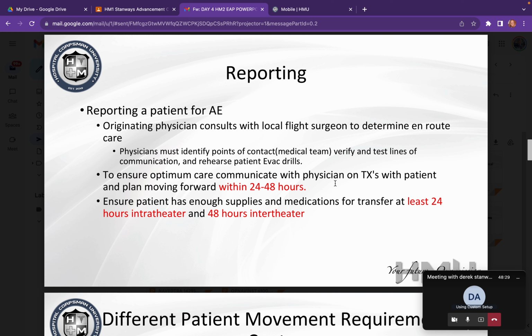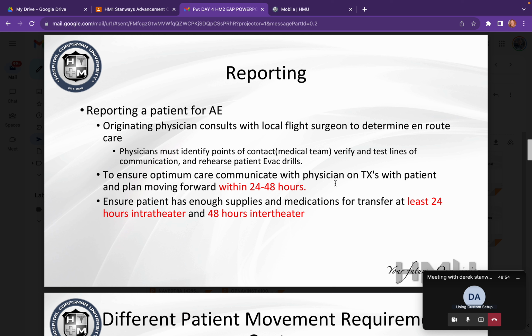Does everyone know the difference between inter and intra? So intra-theater means within that AOR. Right, so within the AFRICOM AOR, let's say you've been stabilized down in Somalia and you're going to CLDJ, they can see you and treat you there at the Role 2 that they have there. Most times if you're going back from that country, they'll push you up to Landstuhl anyway.